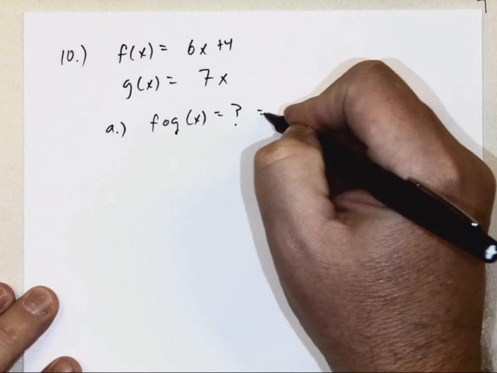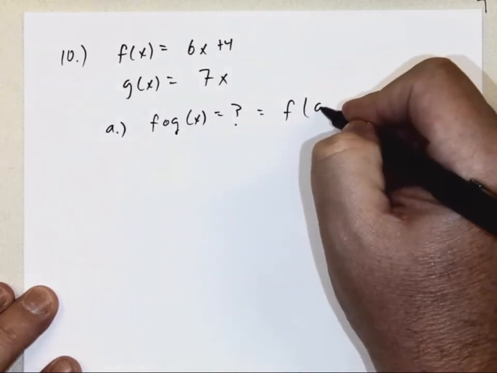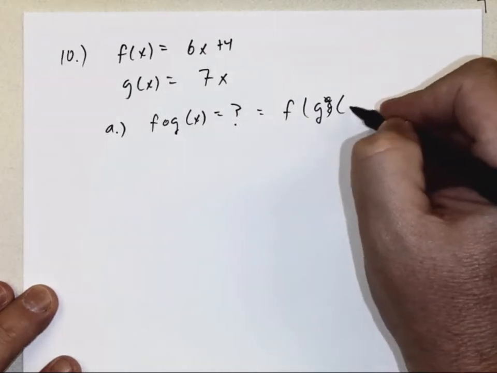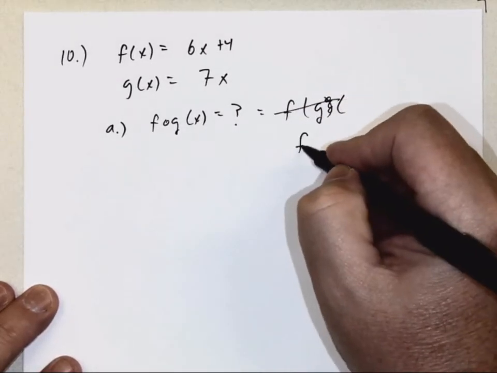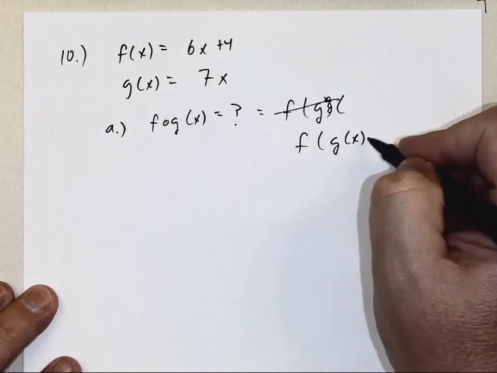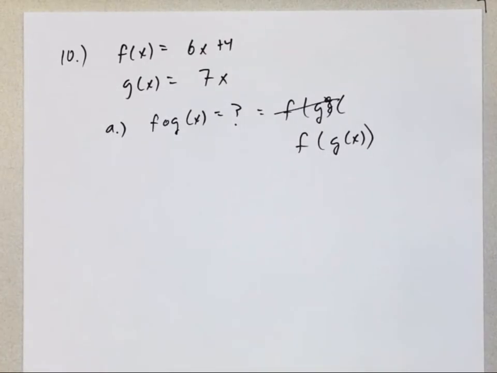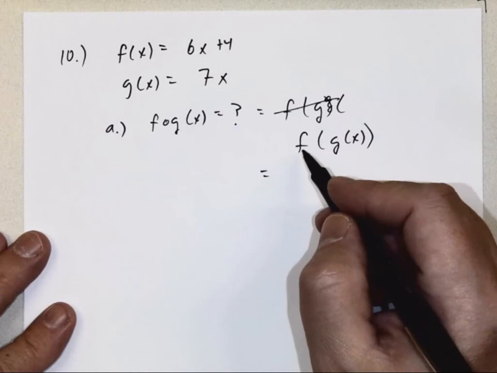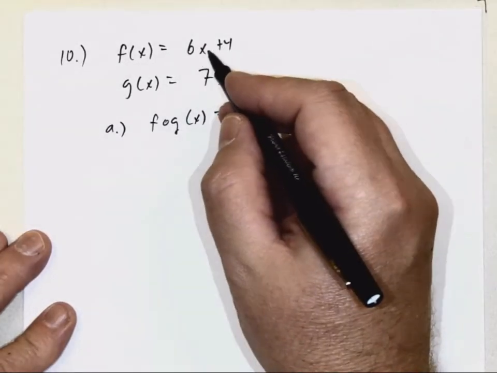So first thing you do is rewrite this as a function. Start again. F of g of x. So you go to your f function, 6x plus 4.